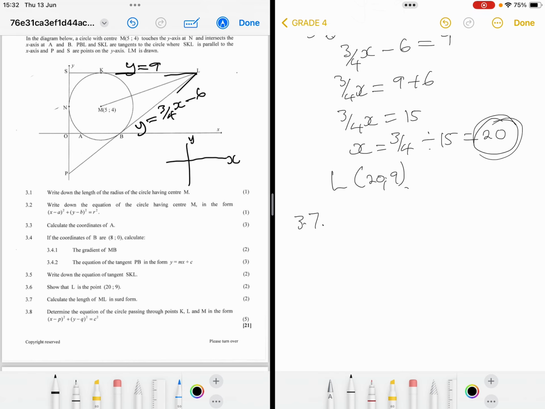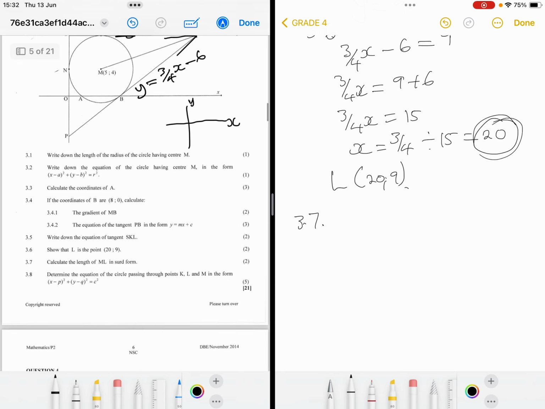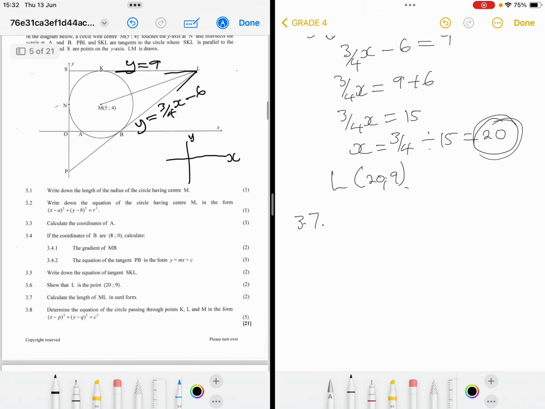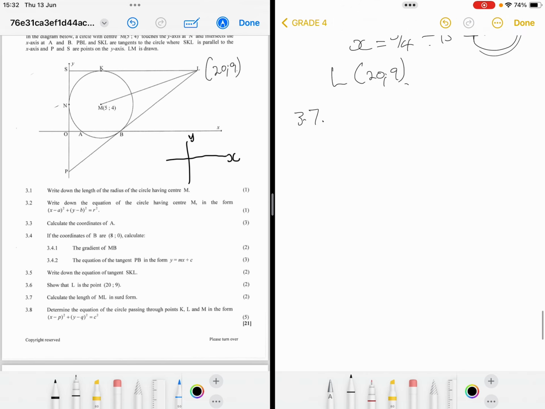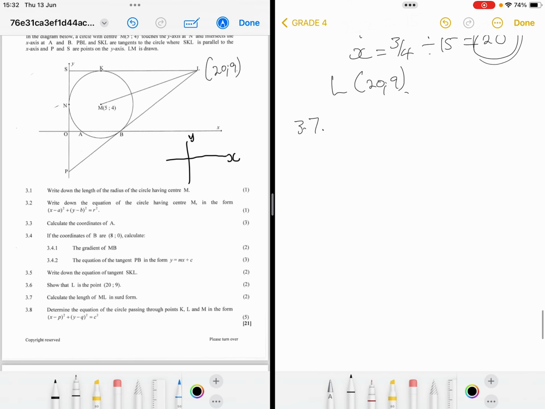Now 3.7. Calculate the length of ML. So already now you have the coordinates of L, which is 20 and 9. So now, the coordinate distance of ML.